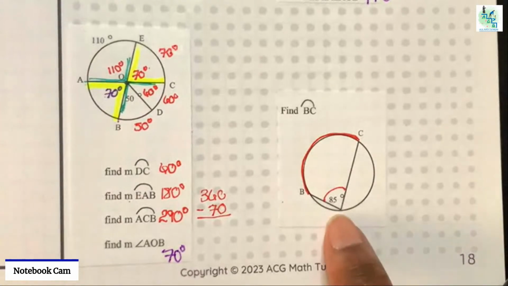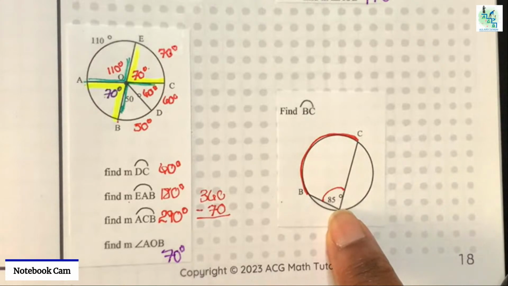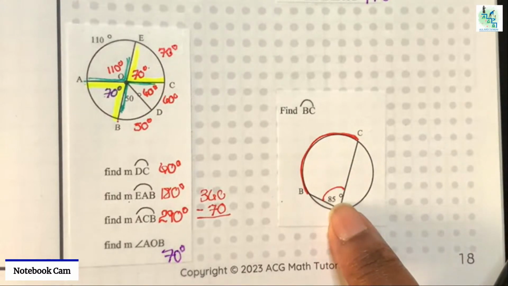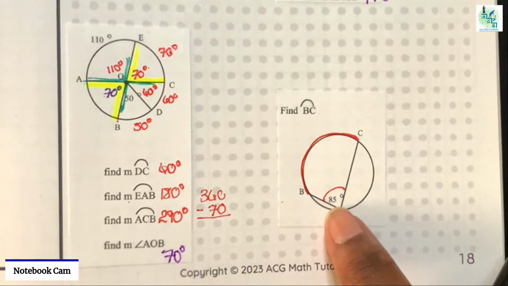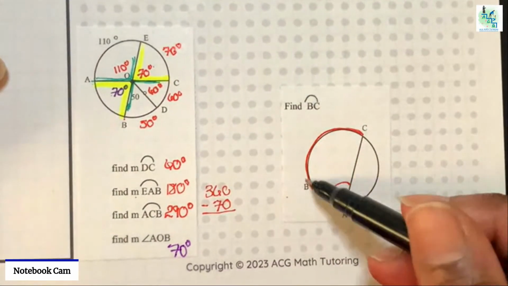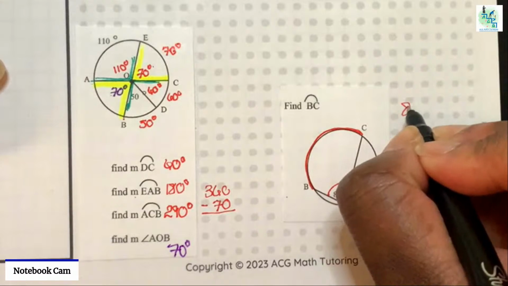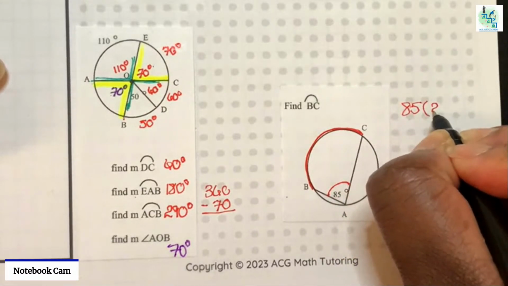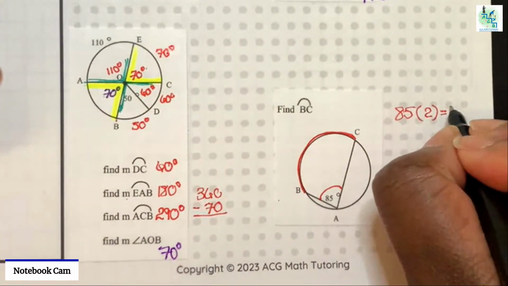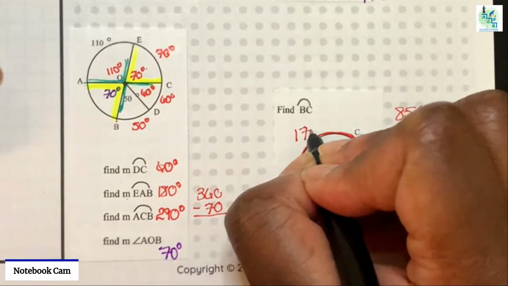If we know that angle BAC, which is an inscribed angle, is going to be half of this, couldn't we double this 85, times 2, to figure out that minor arc there? Okay, so that's what we do. We take our 85 and times it by 2. So 85 times 2 gives me 170, and it'll be 170 degrees.